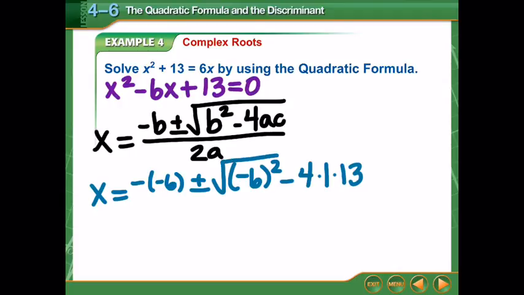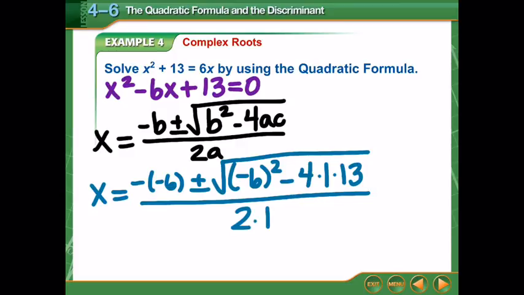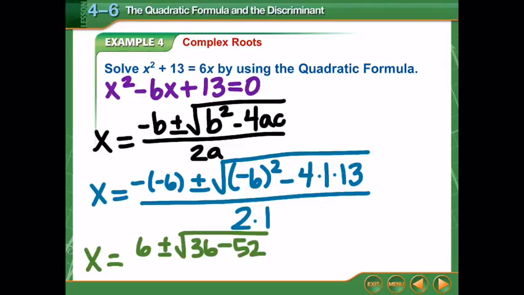Make sure to keep your radical all the way across, all over 2 times 1. Okay, so this is going to be x is equal to positive 6 plus or minus the square root of 36, and then 4 times 13 is 52, so that'll be minus 52 all over 2 times 1, which is 2.